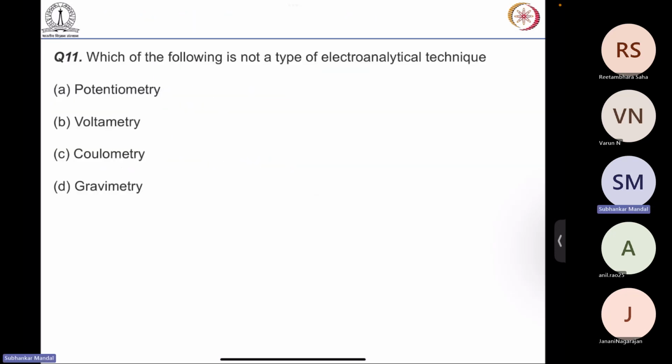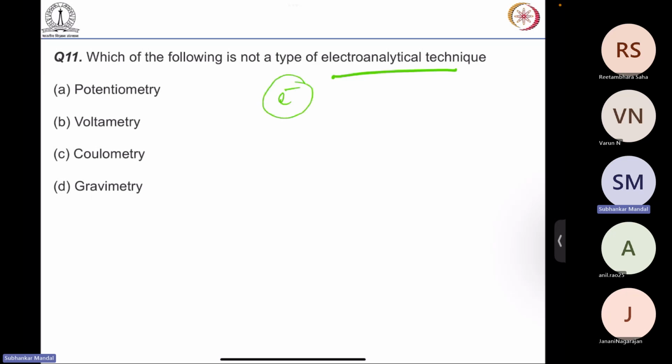Next question: which of the following is not a type of electroanalytical technique? I think we discussed this last class: potentiometry, voltammetry, coulometry, gravimetry. Which one? Electroanalytical technique means electron transfer.